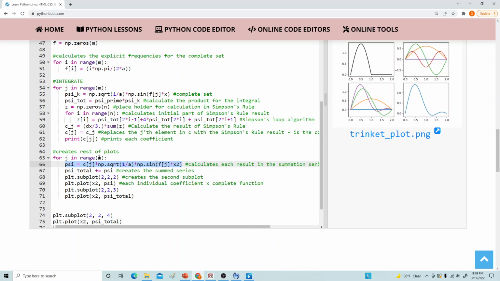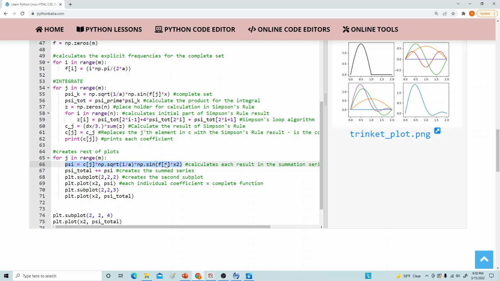But then when m equals 1, it pulls the one indexed element from the C array that we just calculated up here, and multiplies it by the first indexed frequency.